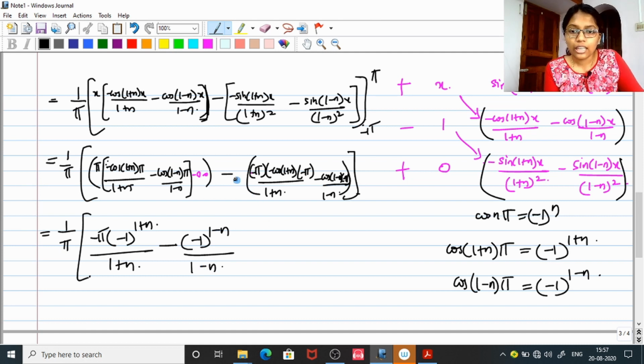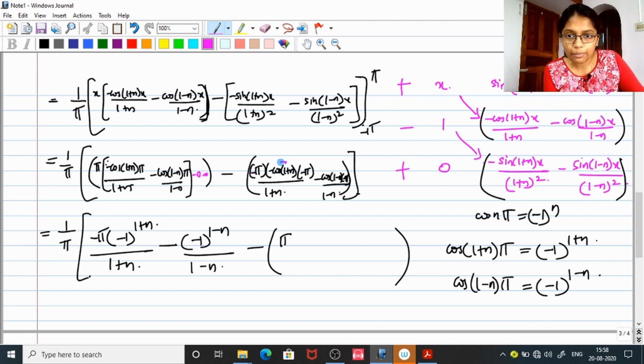Okay with that? And here it is negative coming here, and negative pi into negative cos. Okay, negative into negative is becoming positive, and it is pi into cos 1 plus n of negative pi. See, this is inside one bracket.